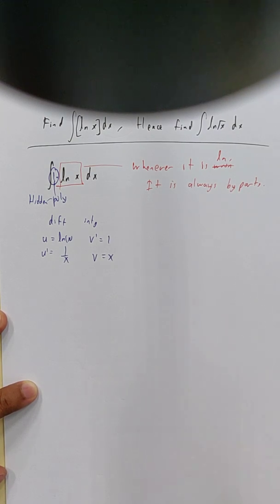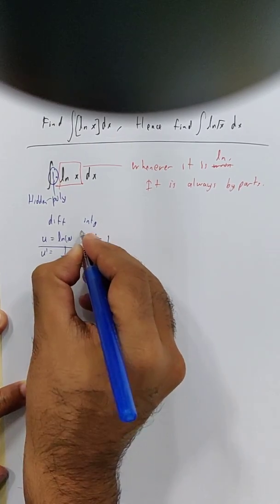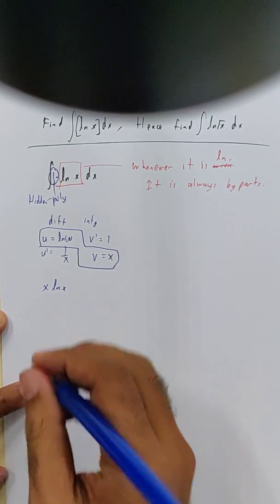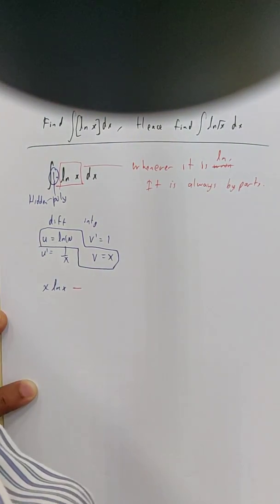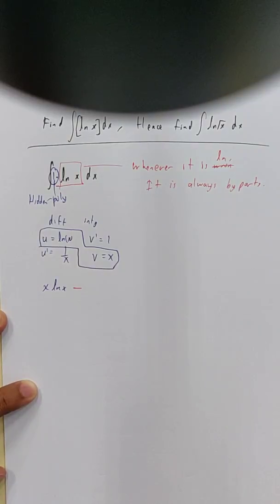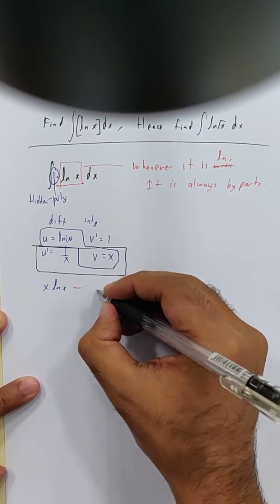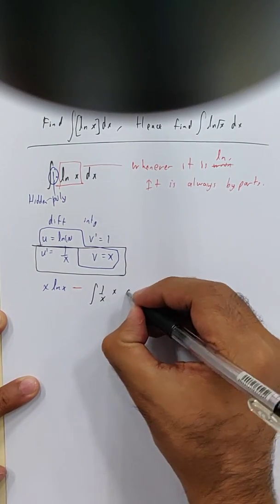Okay, so how do we get? The girls are more progressive somehow. X ln x minus what? We are combining 1 over x dx.